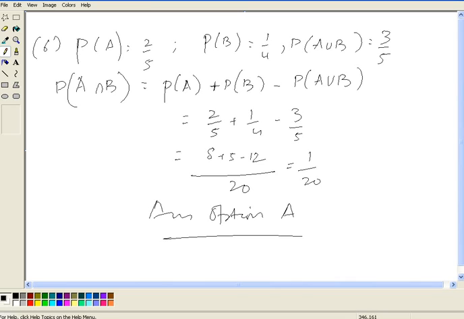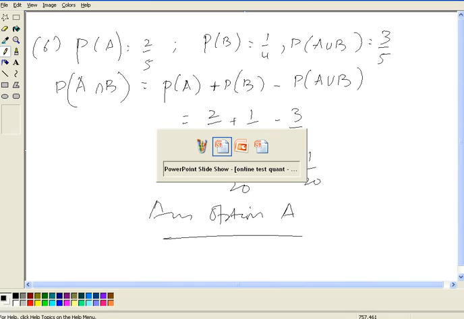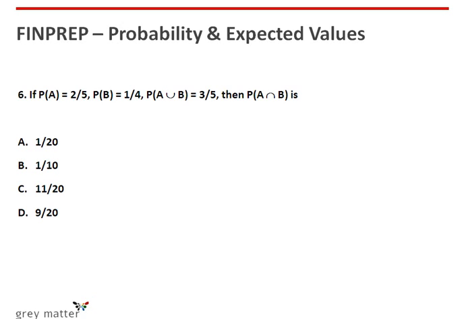We know that P of A intersection B is given by the formula P of A plus P of B minus P of A union B. Inserting the relevant values, it works out to be 1 by 20. So the option is A. Going to our PowerPoint presentation, it is option A, which is 1 by 20.